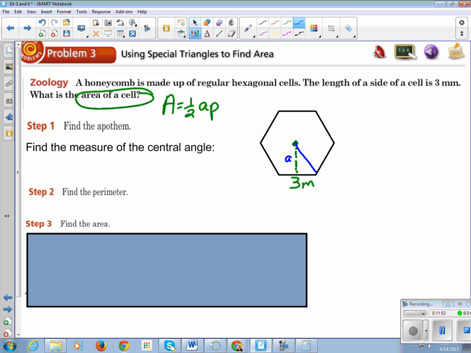So what's going to happen here is we're going to find the measure of the central angle. If I have a hexagon, that takes our 360 degrees and cuts it into 6 different parts, and that means each little part is 60 degrees. So the measure of the central angle is 60 degrees.